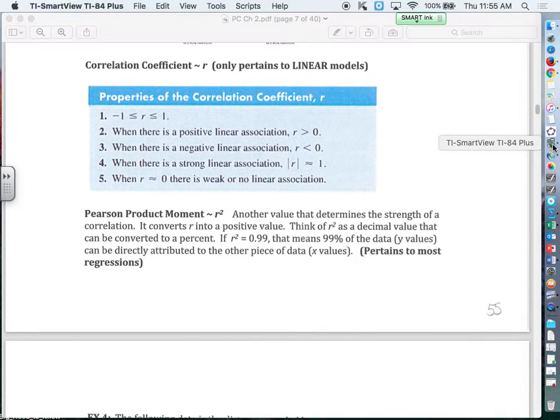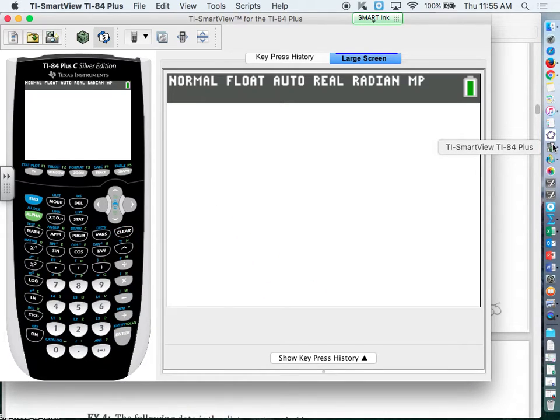We're going to start setting your calculator up to do scatter plots. So the first thing you want to do is turn that R squared and that R value on your calculator. And as long as you don't take the batteries out of your calculator or reset the memory, it'll stay like this. The default turns it back off.